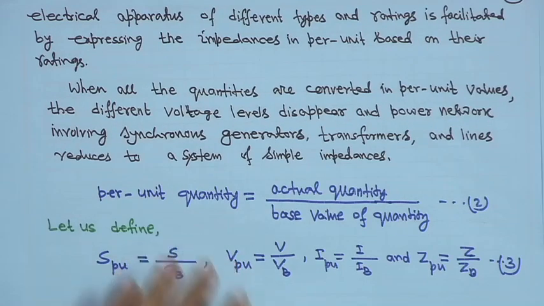And when all the quantities are converted into per unit values, the different voltage levels will disappear in your circuit diagram. Suppose at the generating station your voltage is stepped up from the generator terminal voltage, say 10.6 kV, to 220 kV, then from 220 kV the line will go, then 220 kV by say 132 kV, then 132 by 66 kV, then 66 by 33 kV and so on.